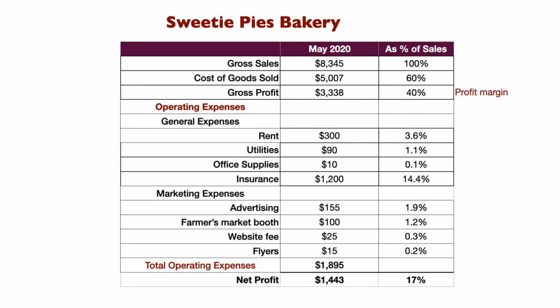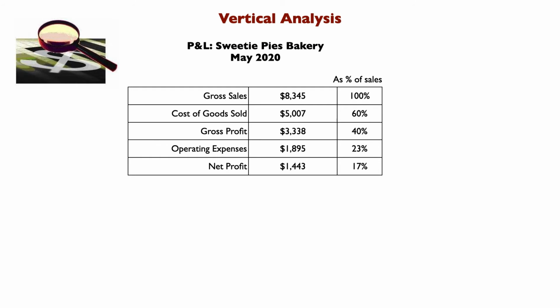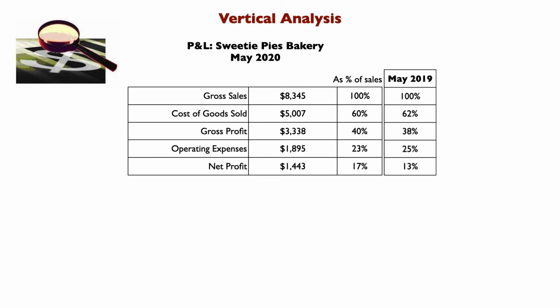But let's say we condense this profit and loss statement, just for simplicity, into the basic categories here. And now she compares this with what she did in May of 2019 and May of 2018. For each of those months, she's done the same thing.